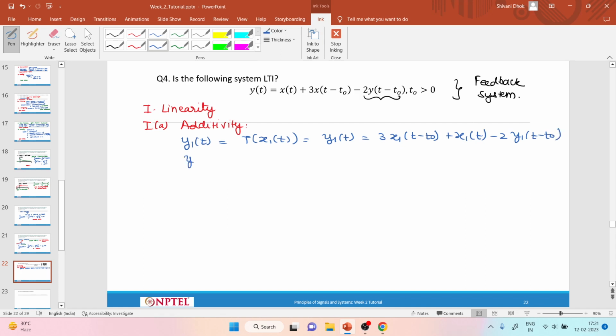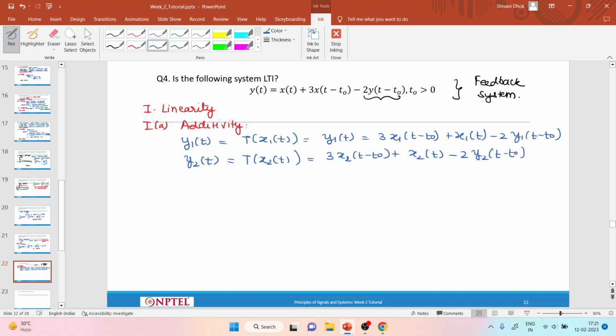Then let's say y2 of t is output when my input is x2 of t. So this is equal to x2 of t plus 3 times x2 of t minus t naught minus 2 times y2 of t minus t naught.